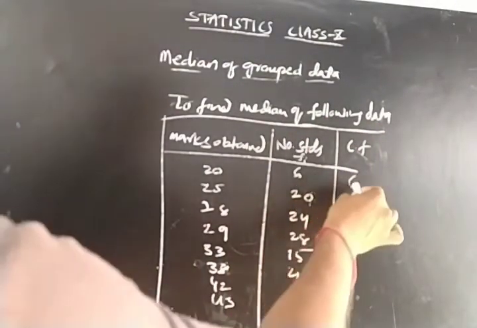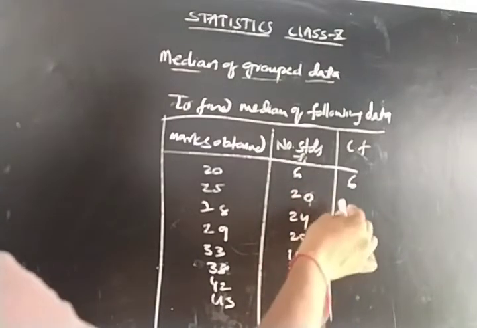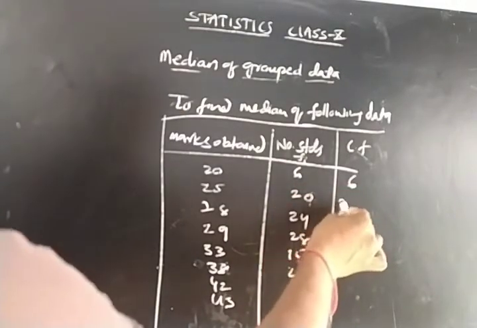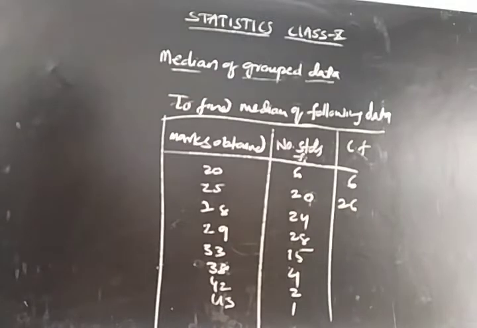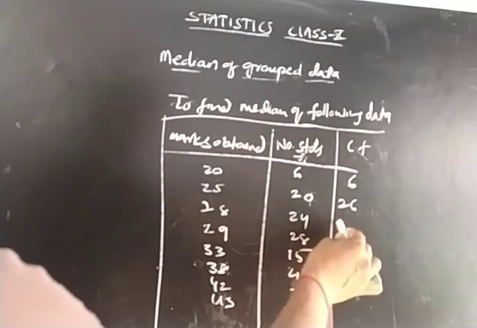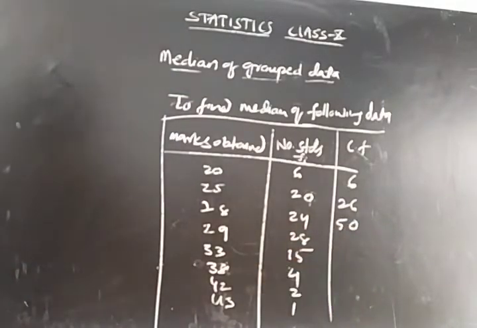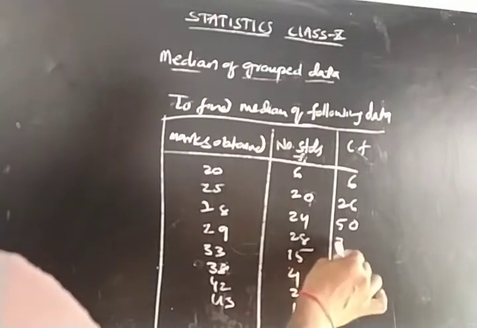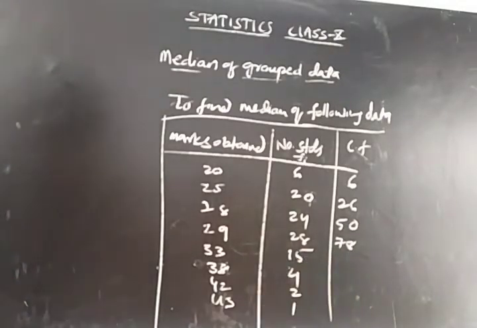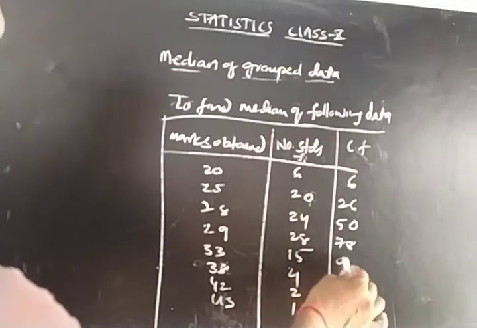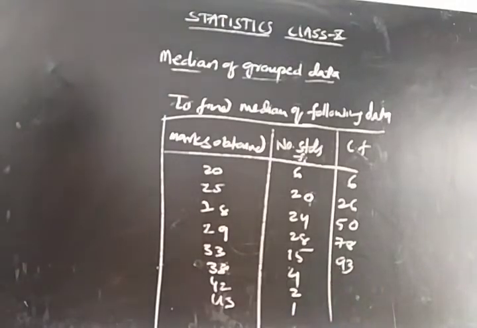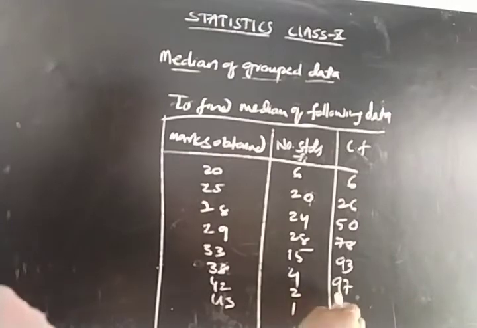How to add? First frequency as it is, add 6 to the next frequency, you will get 26. Next 26 plus 24 will give 50. Next 50 plus 28 will give 78. 78 plus 15 will give 93. 93 plus 4 will give 97. 97 plus 2, 99. 99 plus 1, 100.